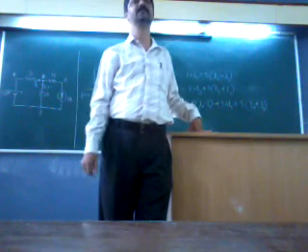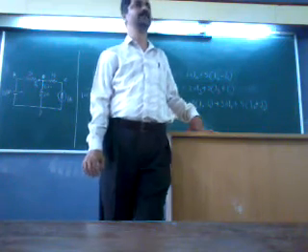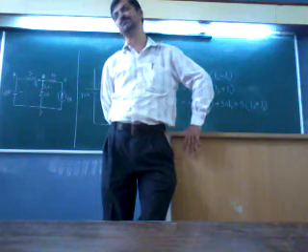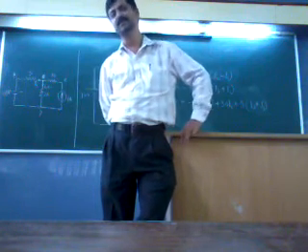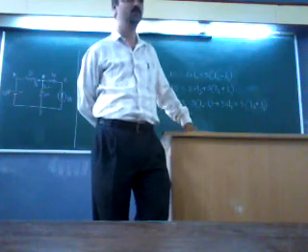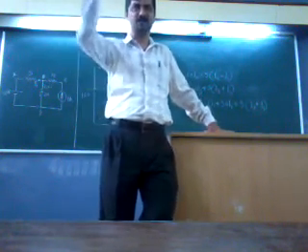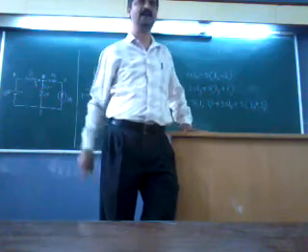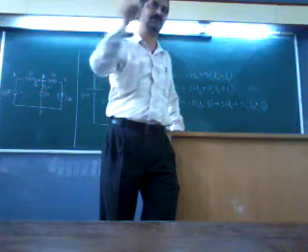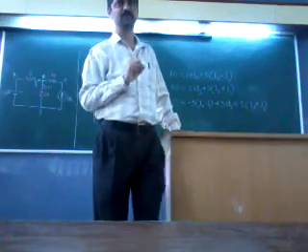And then apply Kirchhoff's second law. One simple thing which you should note is that Kirchhoff's mesh law cannot be used for a loop which contains a current source. Means Kirchhoff's mesh law cannot be applied across a loop which contains a current source. So that is not counted as a loop for applying Kirchhoff's mesh law.